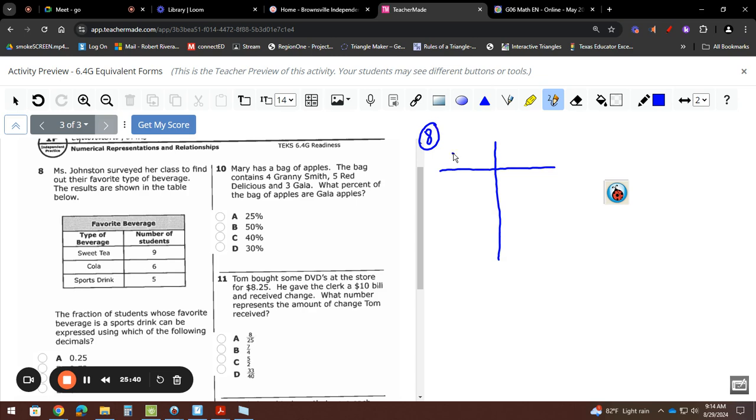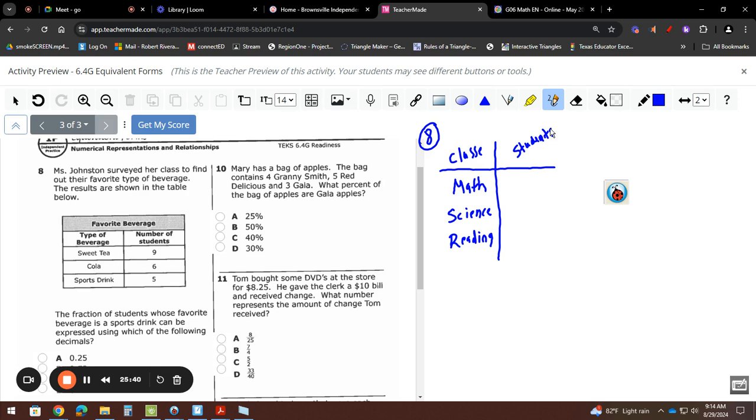So we have here the classes. We have math, science, and reading. And these are the students.